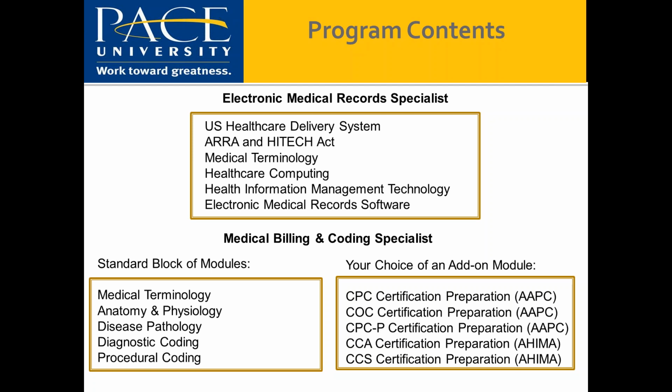Your choices of add-on modules include CPC, COC, CPC-P, Certification Preparation through AAPC, and the other two are CCA and CCS, which are certifications through AHIMA. AHIMA is the American Health Information Management Association. Each certification differs in the workplace setting it prepares you for, and the different certifying agencies differ in their requirements as well.